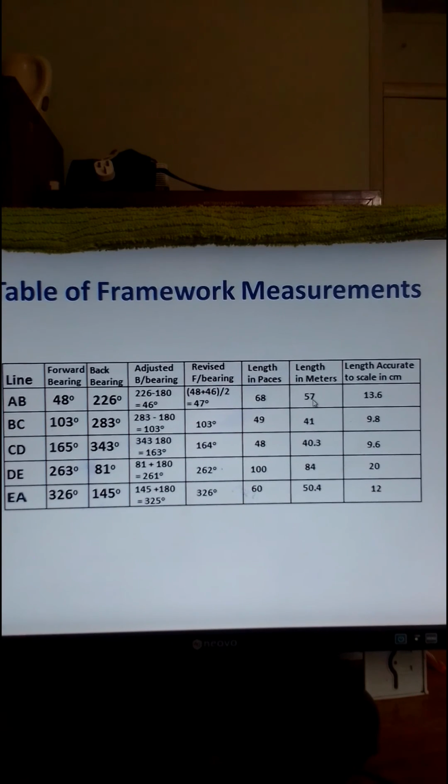So 57 meters into centimeters becomes 13.6 centimeters using that scale that we have found. So this column is for length accurate to scale in centimeters. Now for us to be able to draw the map of the framework, we shall use two columns. The column of the revised forward bearing and this column of the length in centimeters.